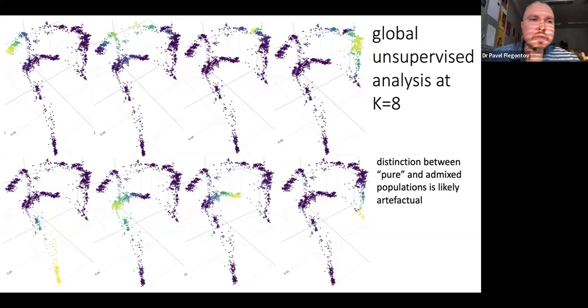It becomes a little bit variable in the case of Africans. So this African tail, which we see here, varies depending on the choice of sites. The choice of sites can be affected by pruning, by many things, by minor allele frequency filters and so on.